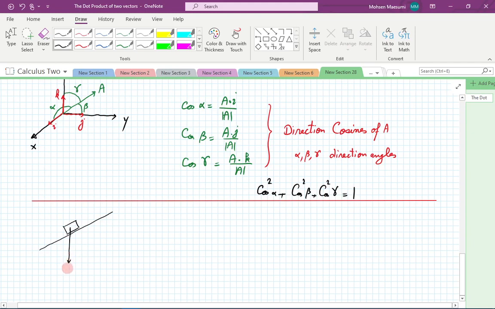So we have a vector here, let's call it a vector F. Well, you want to find out how much force is pressing against the ramp and how much force is there to let this object slide up or down. So what you do is split your force into a tangential force, meaning tangent to the ramp itself, and the other component is going to be perpendicular to the ramp.